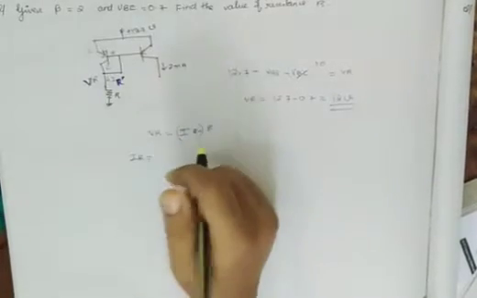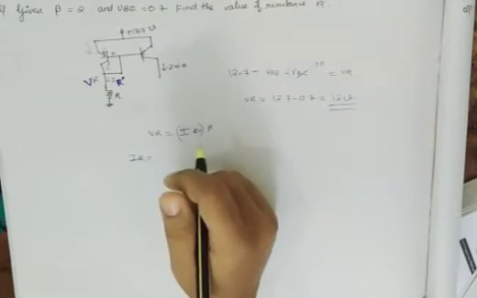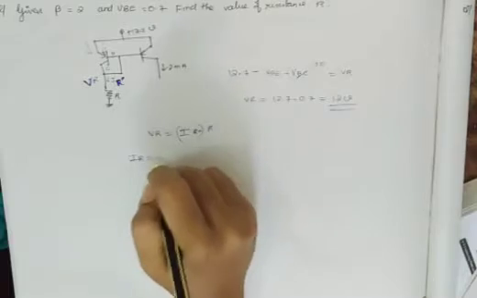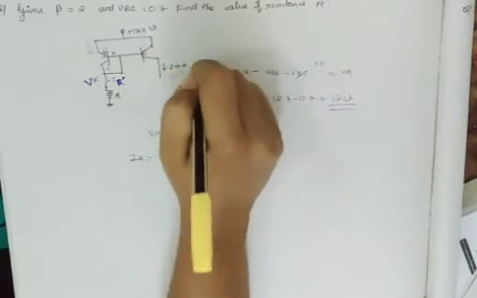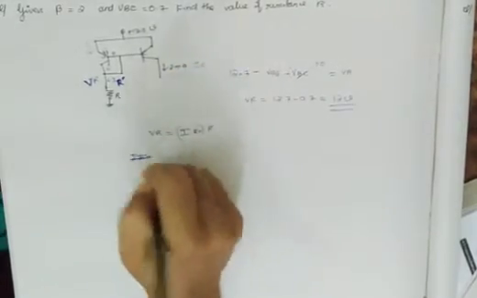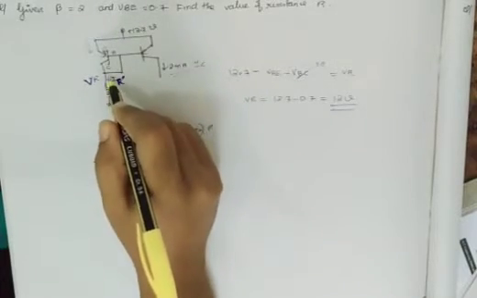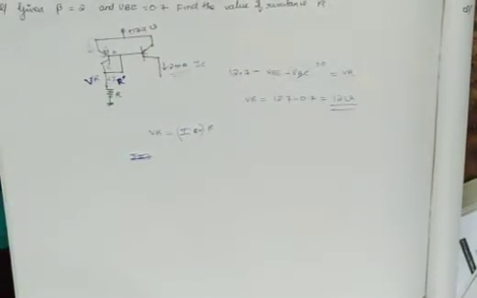So what is IR? This is a current mirror circuit, so our IR will be equal to this current, our IC. I'll write the formula for the output current, which we all know. From that we will find the current in this collector.